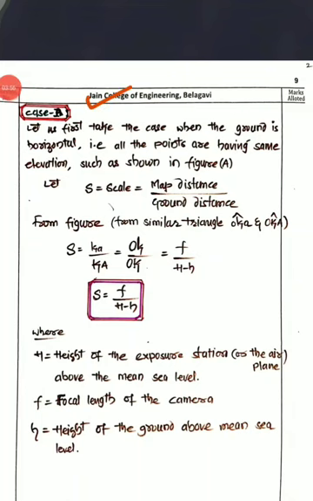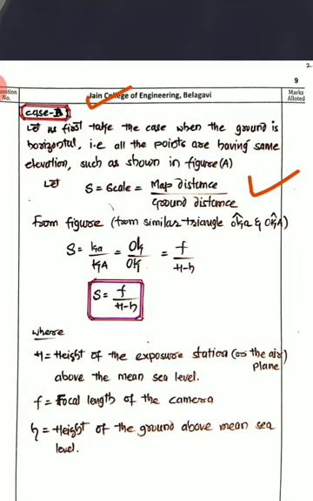Now if we take case 1, let us first take the case when the ground is horizontal, that is, all points have the same elevation. In that case, as I said, scale is defined as map distance divided by ground distance.